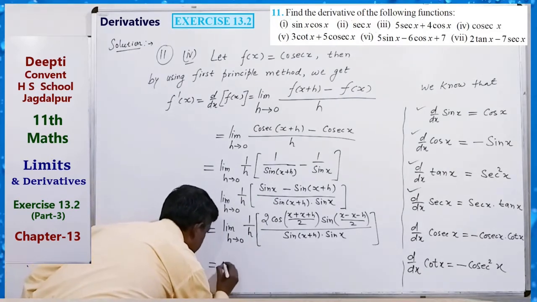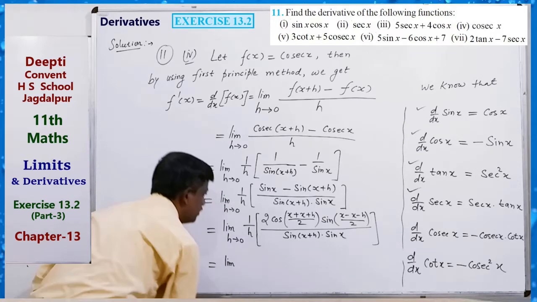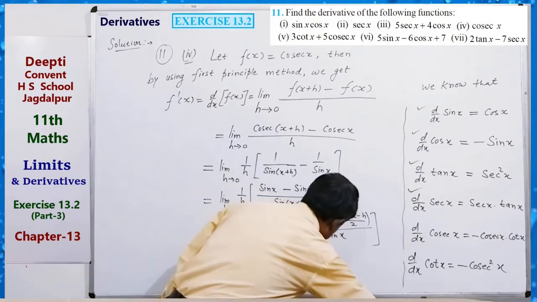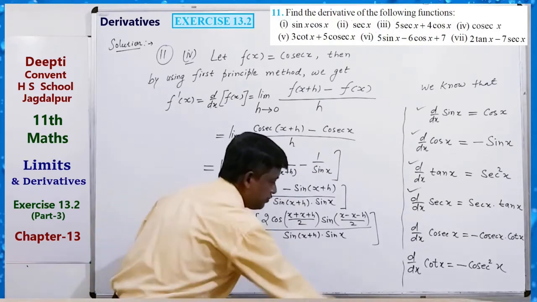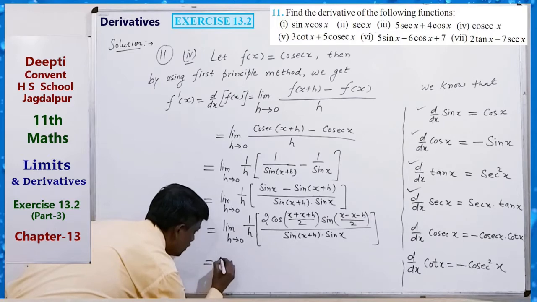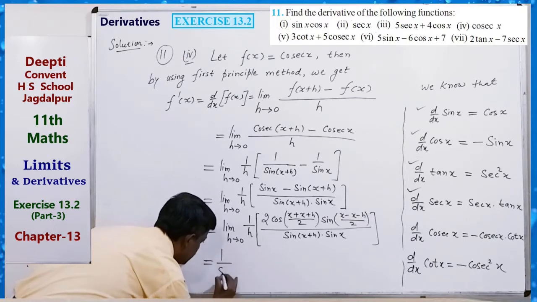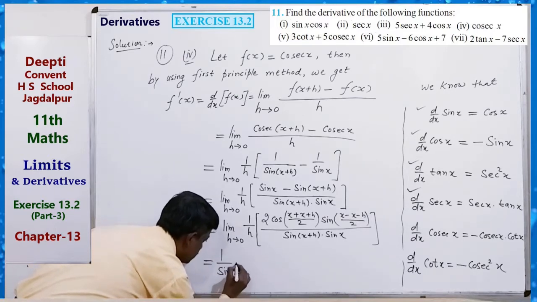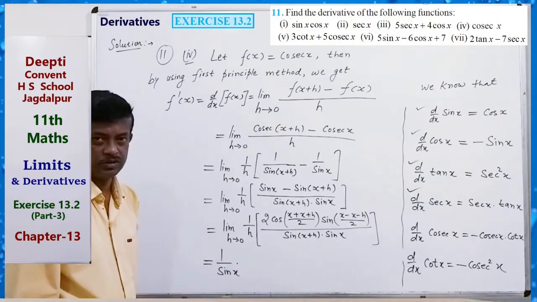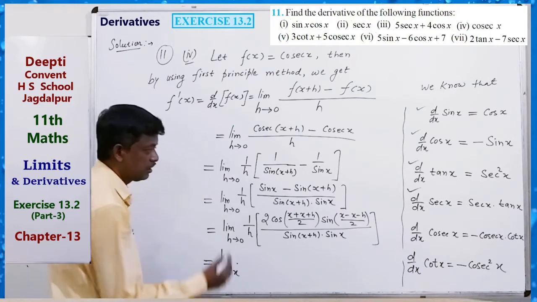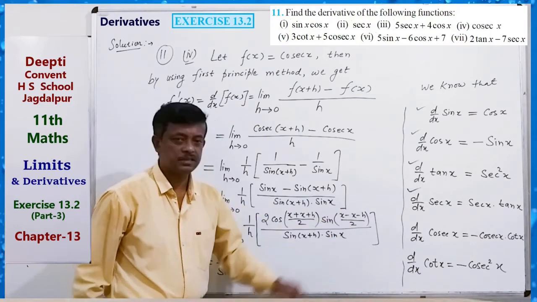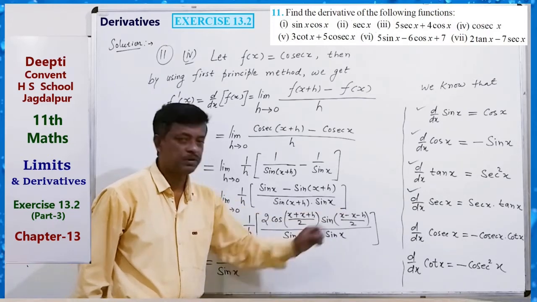So here just see, I am writing here in short. This 1 by sin x can be taken outside, because h tending to 0, sin x can be taken outside. Now x minus x cancel, sin of minus h by 2.